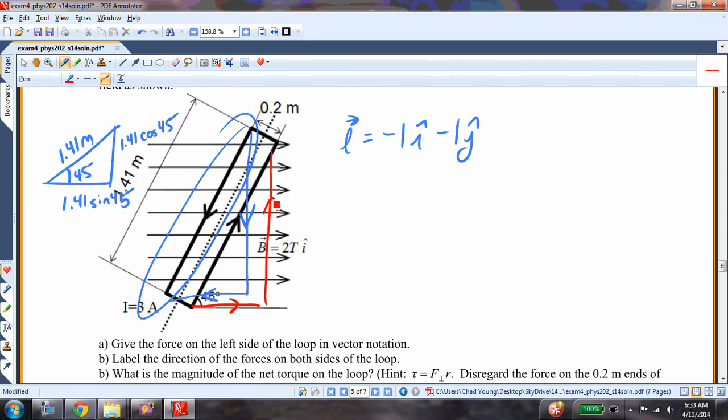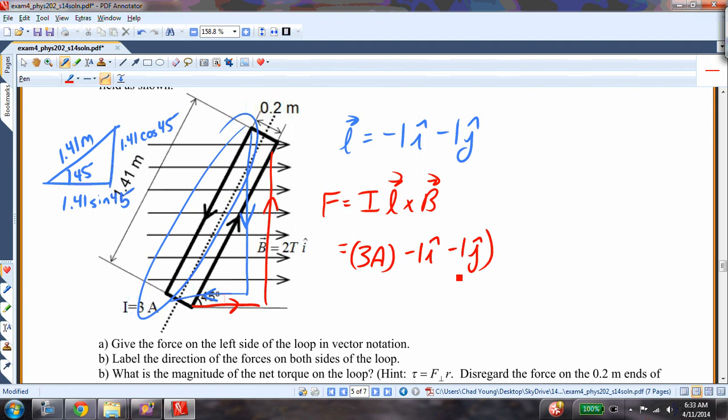All right, so if I want to know the force, F is equal to IL cross B. That's going to be 3 amps times negative 1I minus 1J crossed with the magnetic field, which is 2I. Right, this is pretty simple. 3 amps.